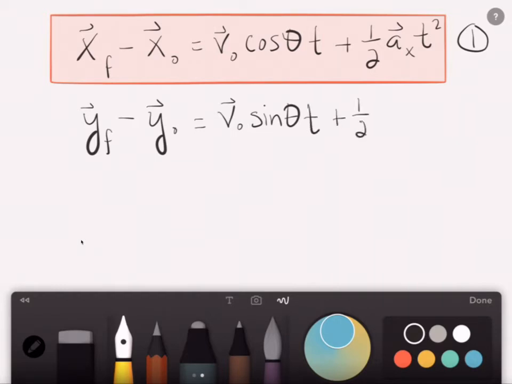And you know what? I'm not going to use that plus. I'm going to go ahead and go with minus. My hope is that I've already defined 1/2 gt squared. This is equation number 2.